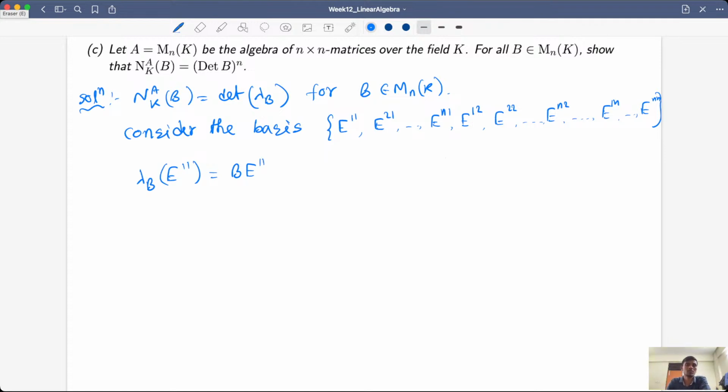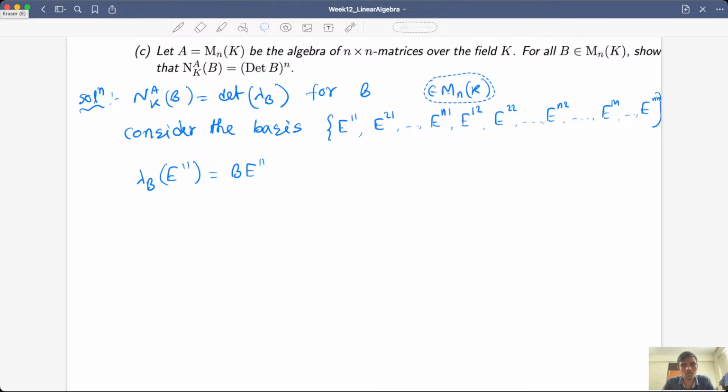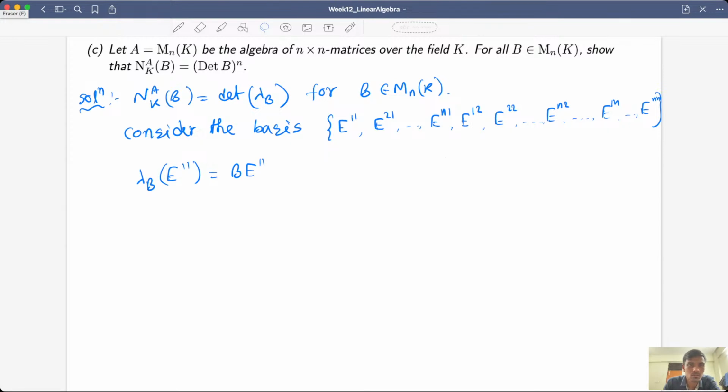Suppose b is the matrix (b_kl), with k and l running from 1 through n, belonging to K. By matrix multiplication, note that the only nonzero entry of E11 is 1, so it is easy to check that only the first column survives when I multiply the matrix b with it.